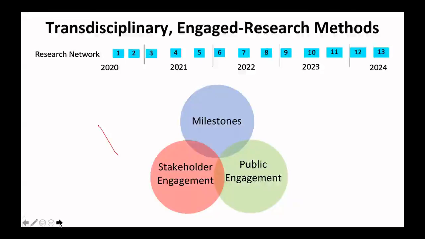And so the way that the project is organised is that we will be having research network events and workshops and meetings intermittently throughout the project. And these are not there as opportunities just for us to disseminate what we have found.